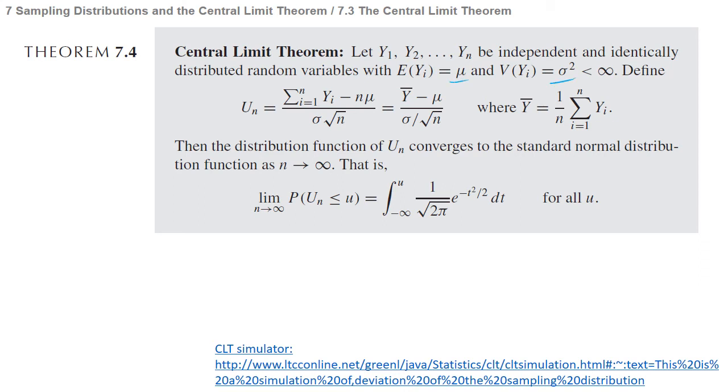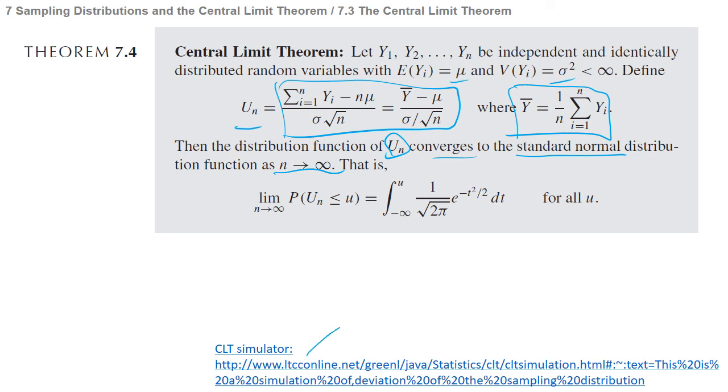If we define Un as this, where y bar is the sample mean, then the distribution function of Un converges to the standard normal distribution as n goes large. And you can find the CLT simulator that I explained, in a later slide, from here.